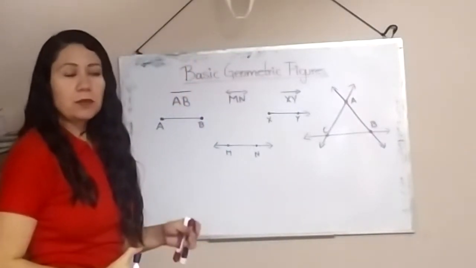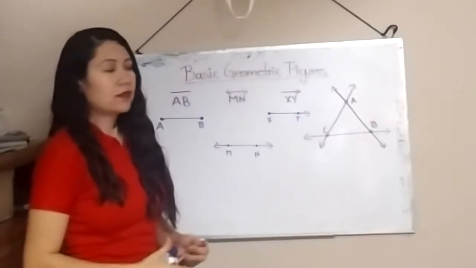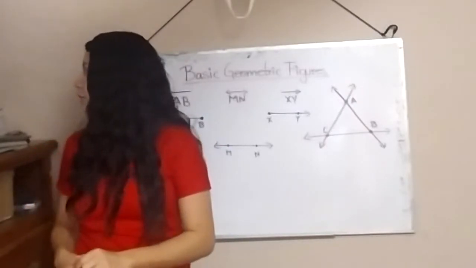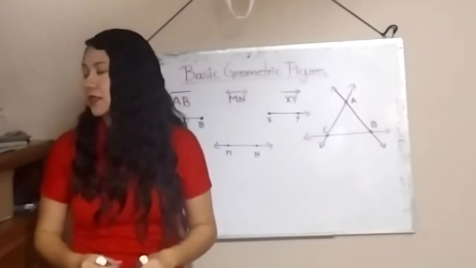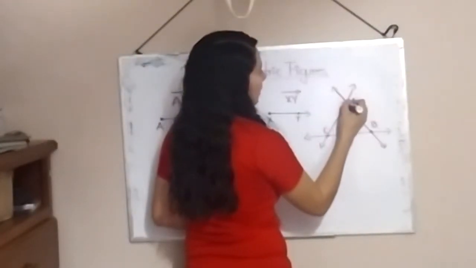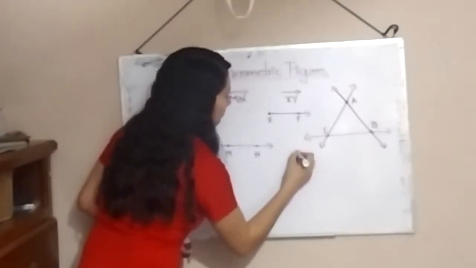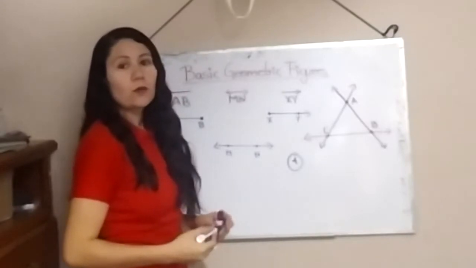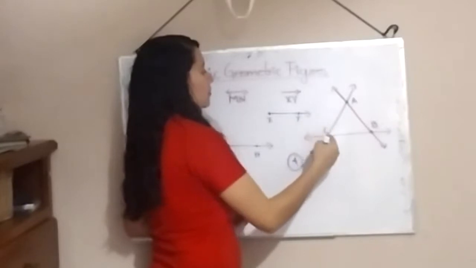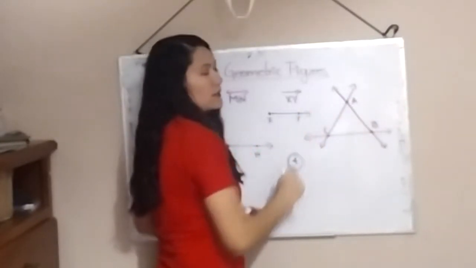The second part of the skill check is asking us to represent some of the parts that come in this figure. First, it is asking us to name a line that passes through point A. Let's write here number 4. What lines go through point A? It can be either CA or BA.